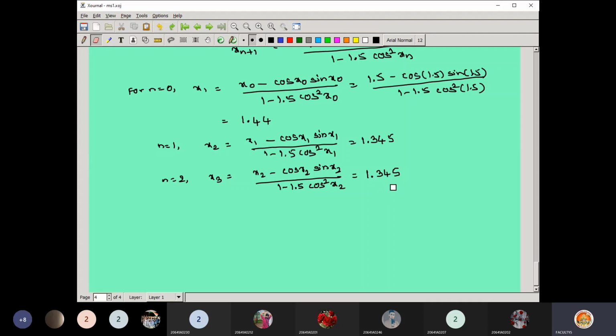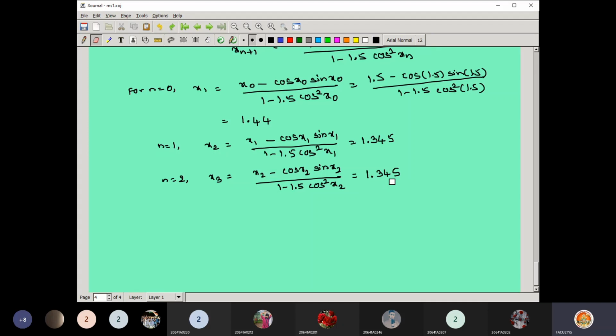Check once whether this is correct. Or I can calculate here. So divided by button, x2 value is 1.345. 1.345.